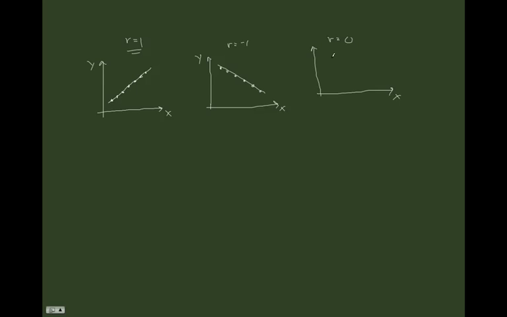So this would be, again, the shotgun scattering of these points where there's no trend upward or downward. The other way to think about it is, there is no line that's going to fit this data very well at all. So this is perfect positive. This is perfect negative.